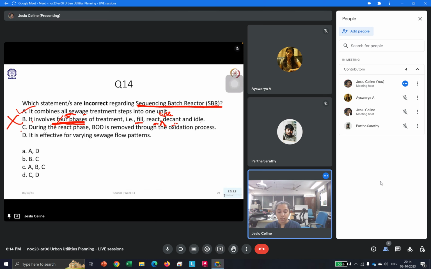And now see, during the react phase, BOD is removed through the oxidation process. Is that correct? Okay, let's come back.